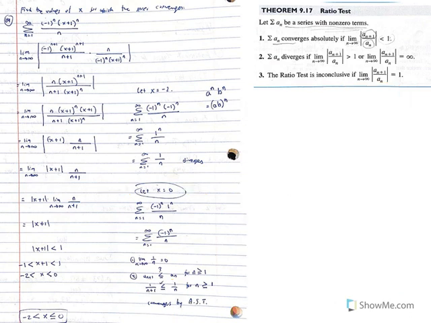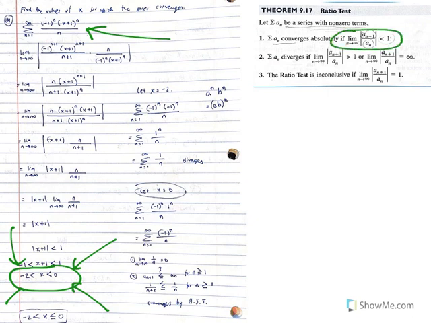Now we may state our conclusion about what we call the interval of convergence, the x values for which this power series will converge. We were able to come to the conclusion that x has to be between negative 2 and 0 for it to converge by using the ratio test.